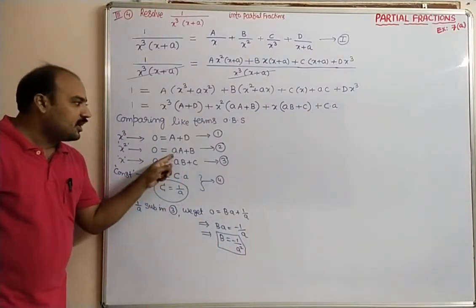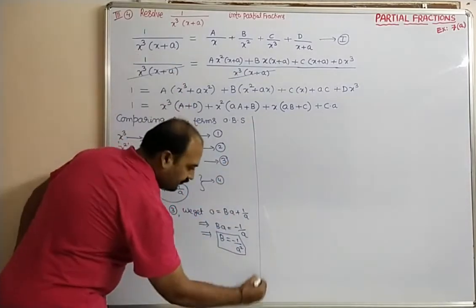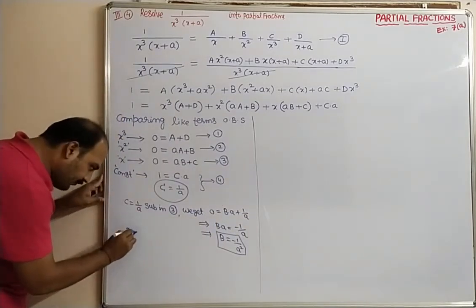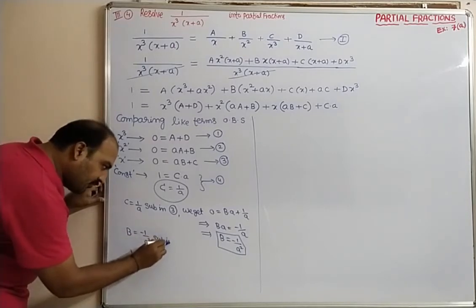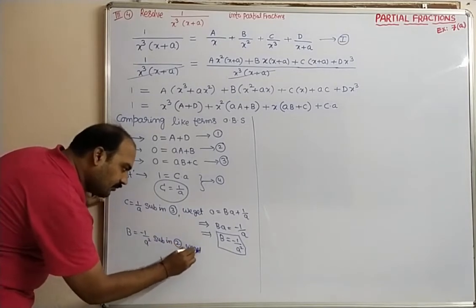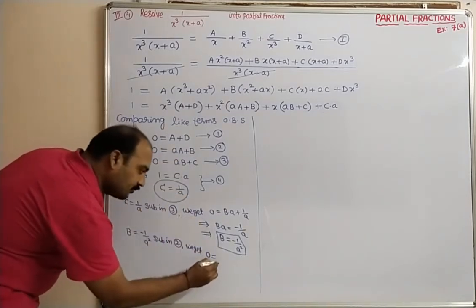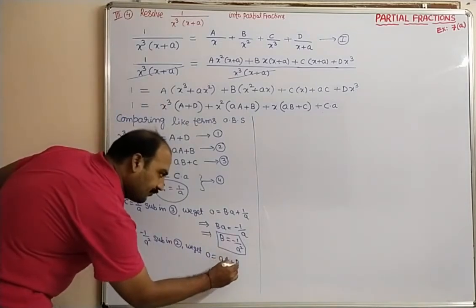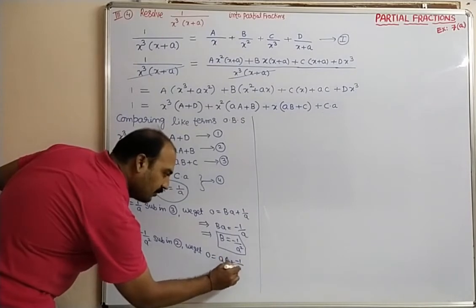B value substituted in equation 2, we will get, capital B equal to minus 1 by a square. Substitute in equation 2, we get 0 equal to small a into capital A plus B. In place of B, write minus 1 by a square.